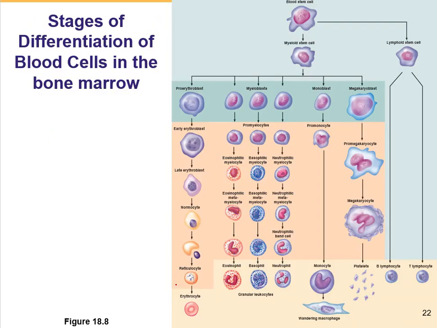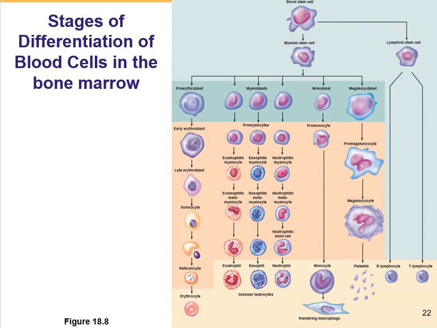In this picture, you can see the differentiation of blood cells in the bone marrow, which involves a series of steps, starting from the blood stem cell or hematopoietic stem cell, which can divide and differentiate into these two types of stem cell. We have myeloid stem cell and lymphoid stem cell.